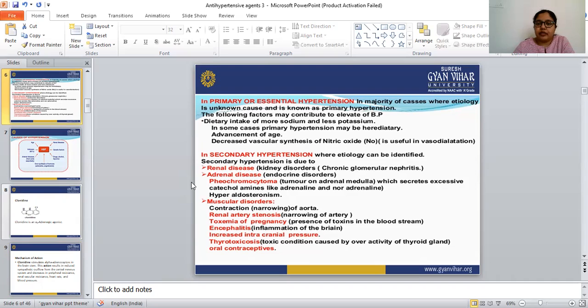In secondary hypertension, the etiology can be identified; it is associated with other diseases such as renal diseases, adrenal diseases, muscular diseases, renal artery stenosis, and encephalitis. Or if any patient has taken oral contraceptives, there is again a chance of secondary hypertension. These are all the factors that cause primary and secondary hypertension.